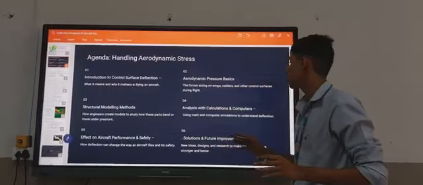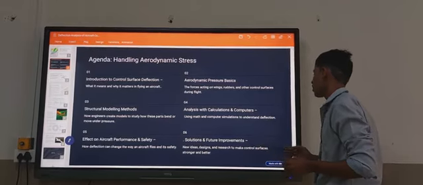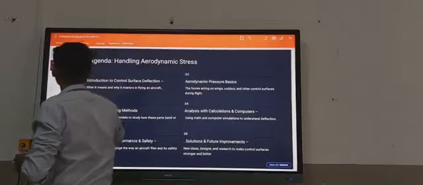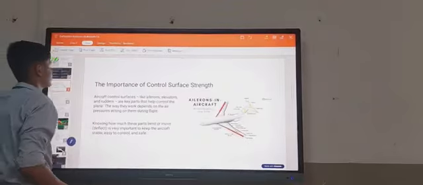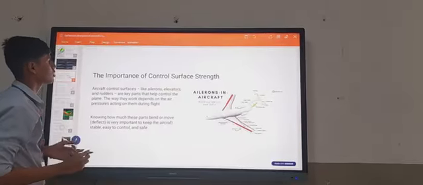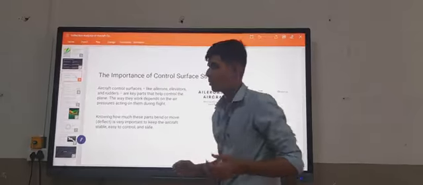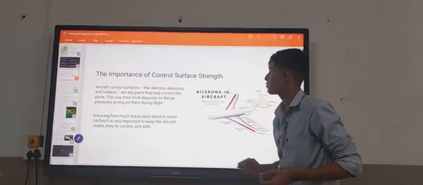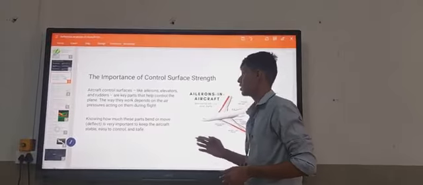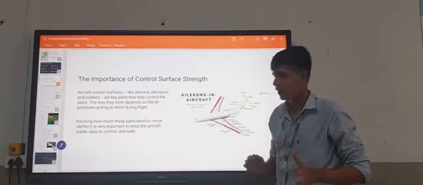And talking about solutions and future importance: new ideas, design and research to make the control surfaces stronger and better. Then the importance of the control surfaces. Aircraft control surfaces like the ailerons, elevators and rudders are the key parts that help to control the plane. This really depends on the air pressure acting on them during flight.